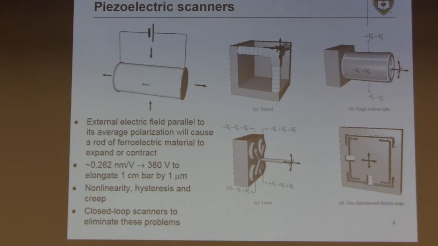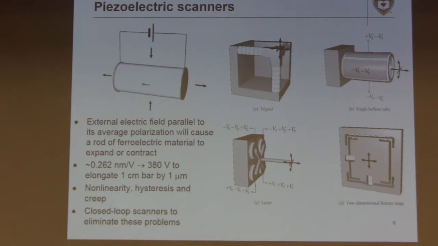Typically, you have to apply a fairly large potential. So if you have 1 centimeter ferroelectric material, if you want it to move by 1 micron, you have to go to 380 volts. So those things are sizable. So you have physical motion, and that obviously is related to the non-linearity problems, right? So you get non-linearity, hysteresis, creep, and other things, right?